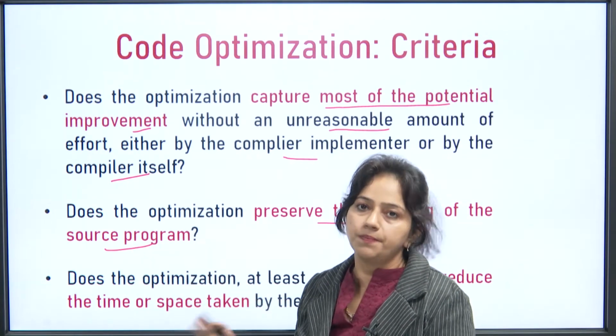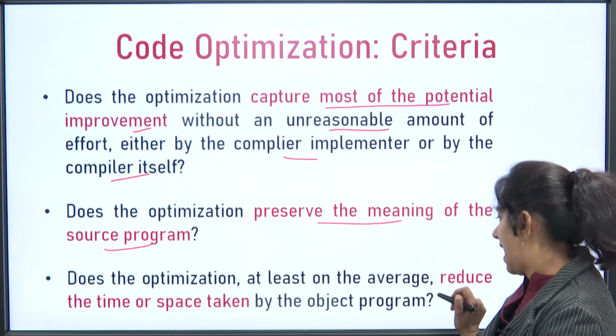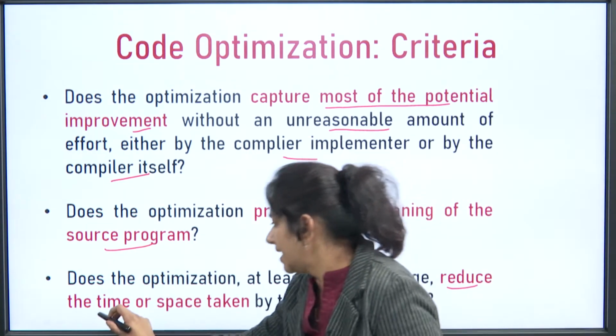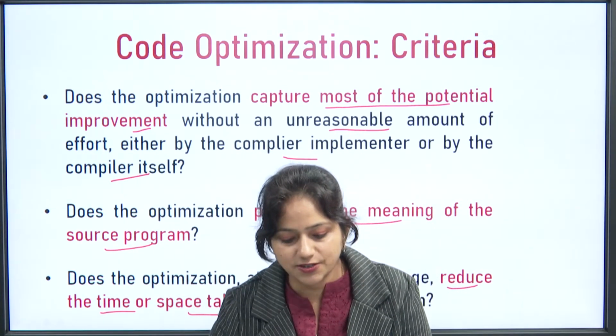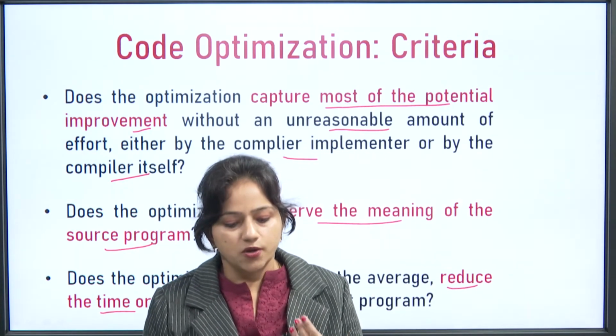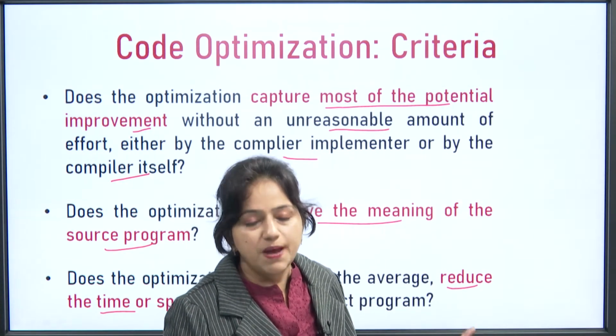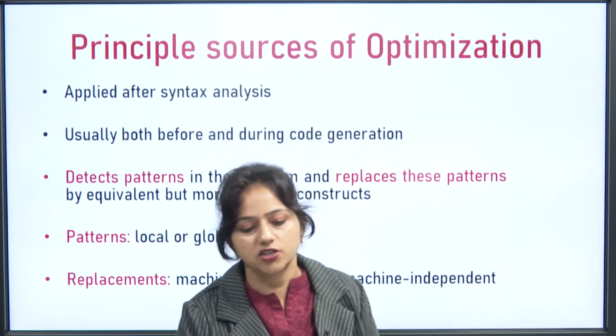Meaning should be preserved. Third, does the optimization, at least on average, reduce the time as well as the space taken by the object program? Because we are focusing on time and space, it should on average be better on these two parameters after performing the optimization techniques.